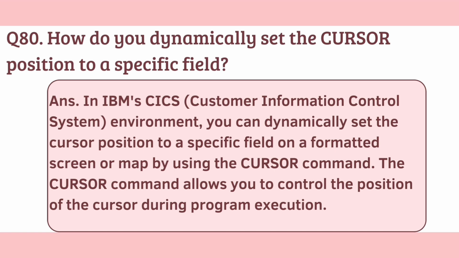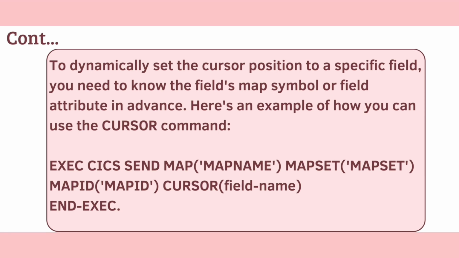The cursor command allows you to control the position of the cursor during program execution. To dynamically set the cursor position to a specific field, you need to know the field's map symbol or field attribute in advance. Here I have given an example to show how you can use the cursor command.